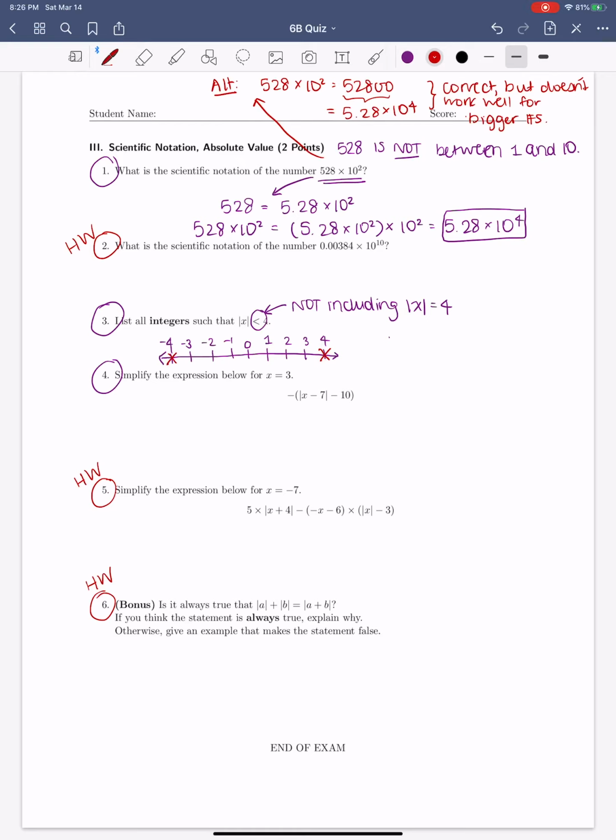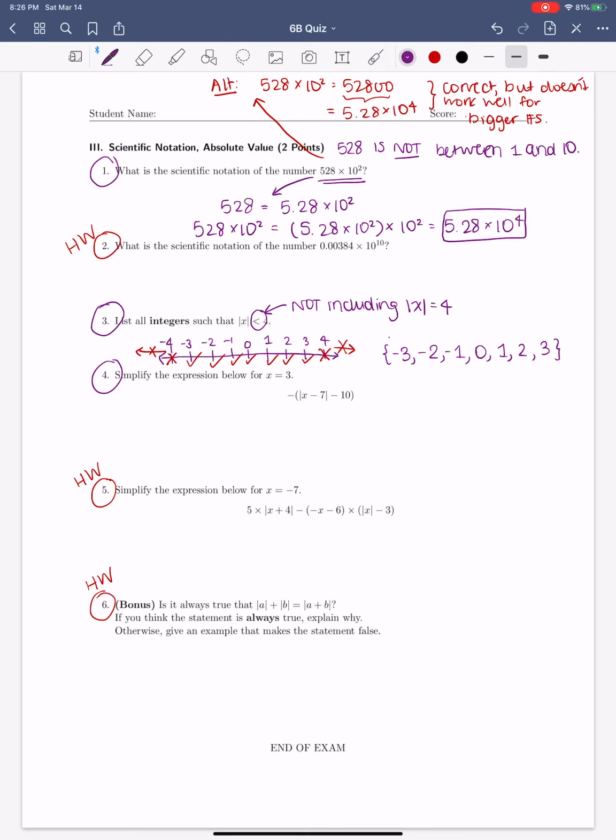We can also rule out anything to the right of positive 4 because that's just going to be farther away. And similarly, we can rule out anything to the left of minus 4 because that's also going to be farther away. But every integer in between, we can check that the distance to 0 is 1, 2, 3, or 0, which is great. So this tells us that we have to list minus 3, minus 2, minus 1, 0, 1, 2, and 3. So hopefully straightforward enough.